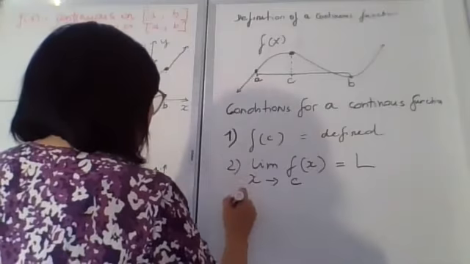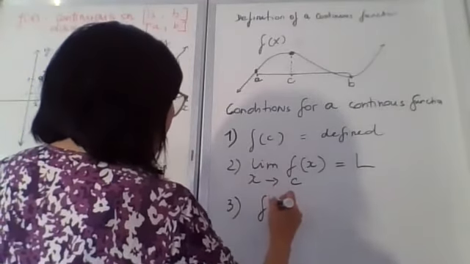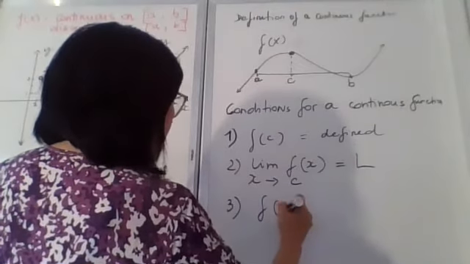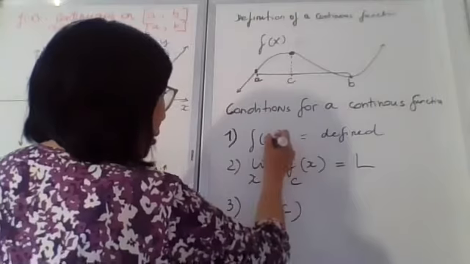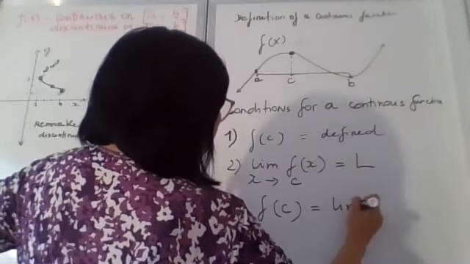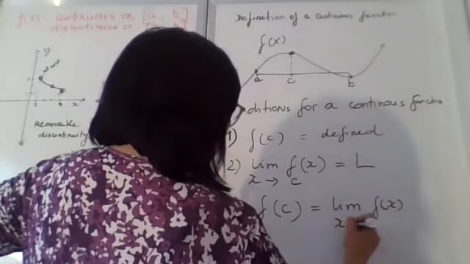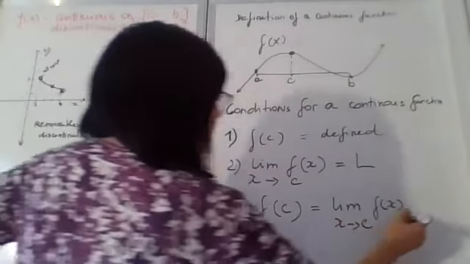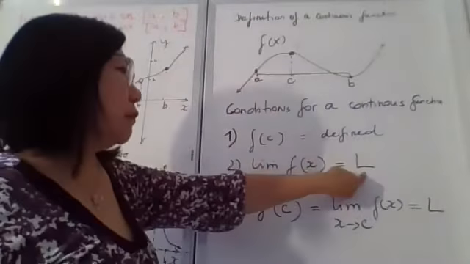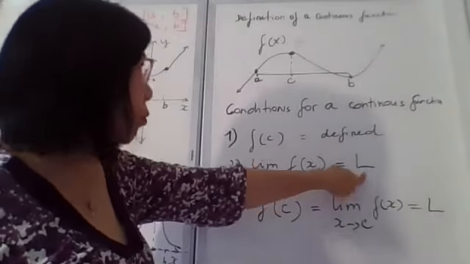And the third condition says if we plug in the value of c, f of c, this has to equal the limit value of f of x when x approaches c, equal L. So let's say after you find the limit, you get the value L here is 3, right? Let's say number 3 as an example.